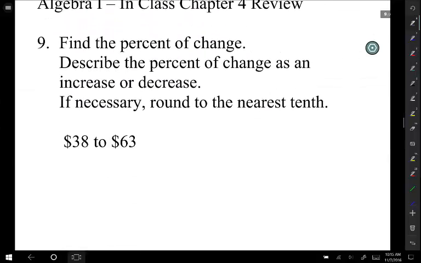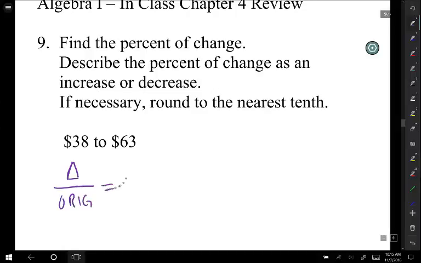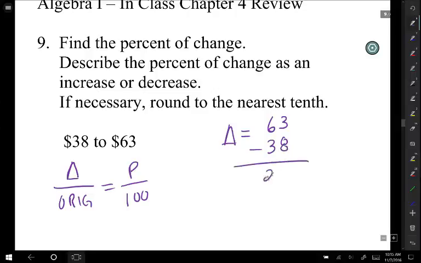Find the percent of change. Our formula here, Joe, was change over original equals p over 100. So the first thing you need to do is find the change. Someone please subtract 63 minus 25.